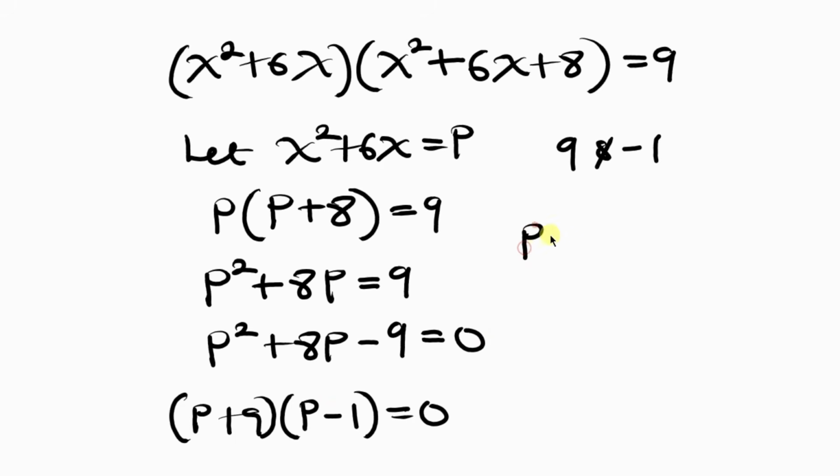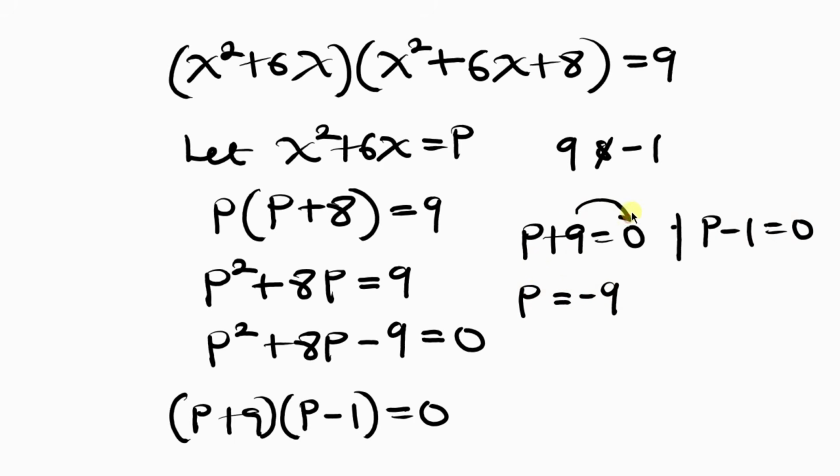We have p plus 9 equal to 0, or we have p minus 1 equal to 0. For the first case, the p value will be negative 9 when I move positive 9 to the left-hand side. For the second case, the p value will be 1 when I move negative 1 to the right-hand side.